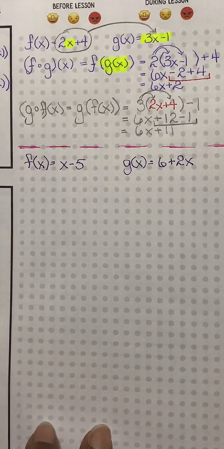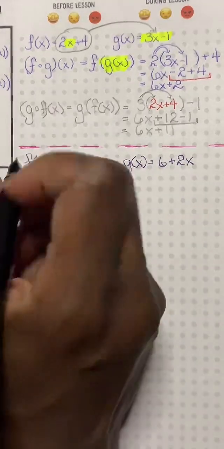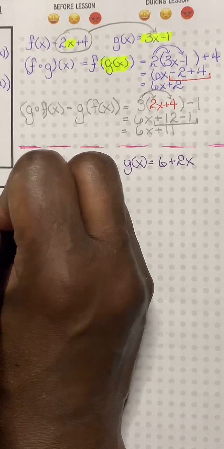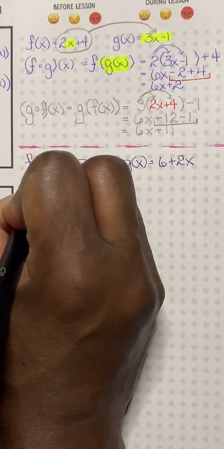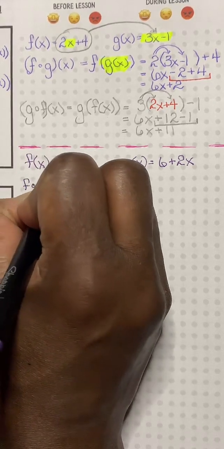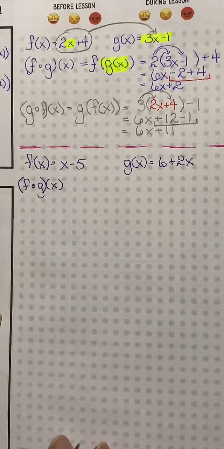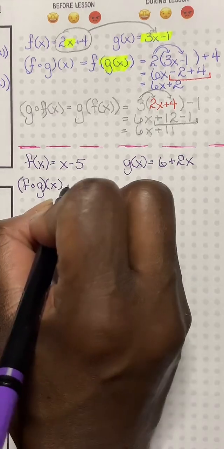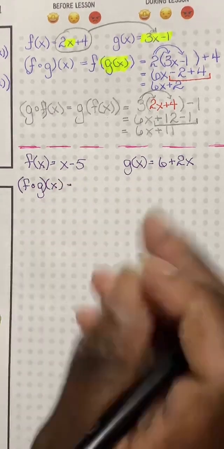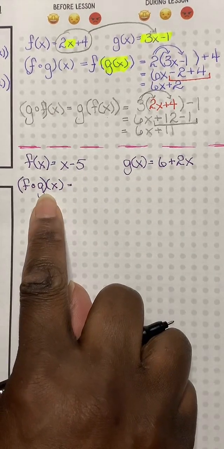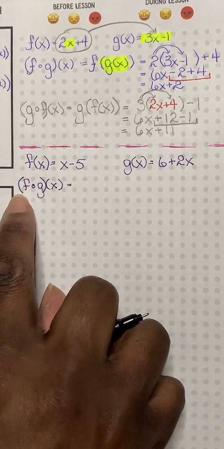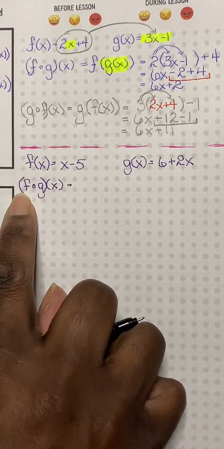So let's first find the f of g. Okay, so let's first find that f of g. So that means the g of x is going into the f of x.